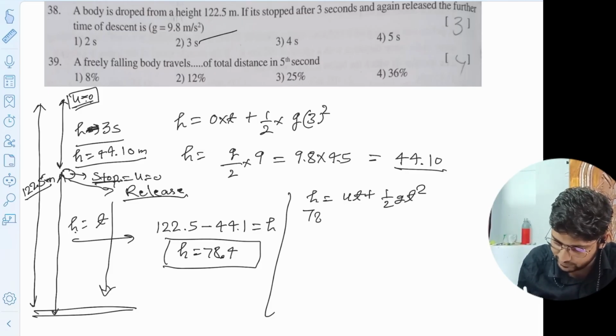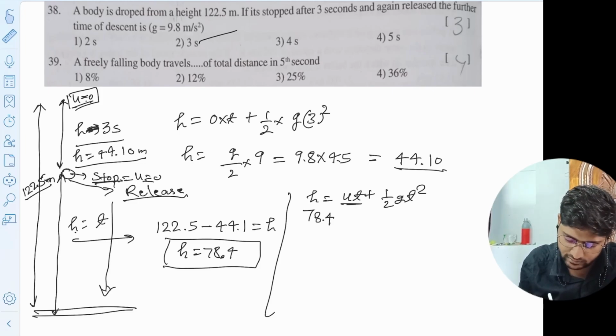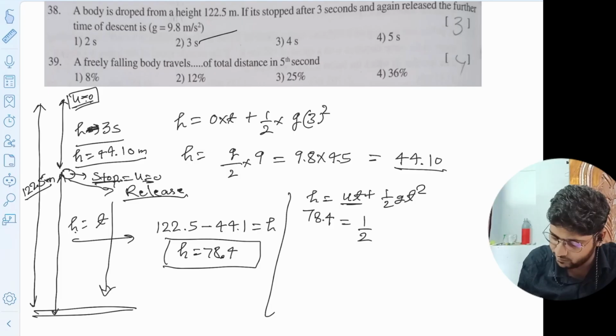Height is 78.4, u again 0 because here it stops and is released. So half into g, 9.8, into time square.